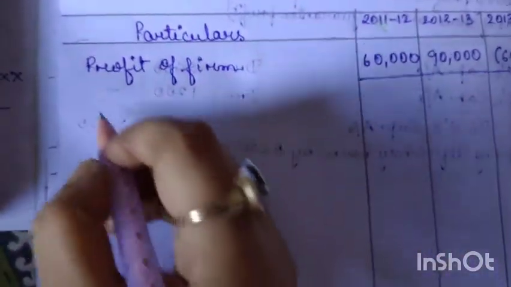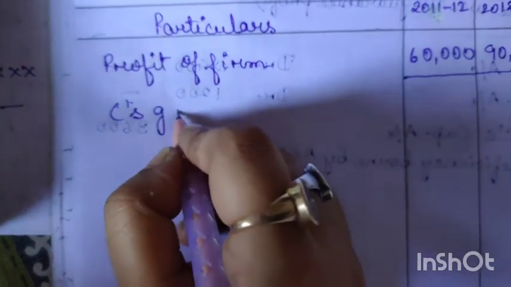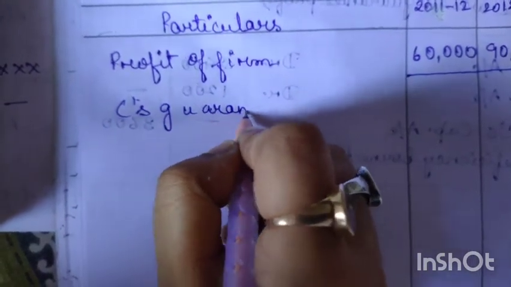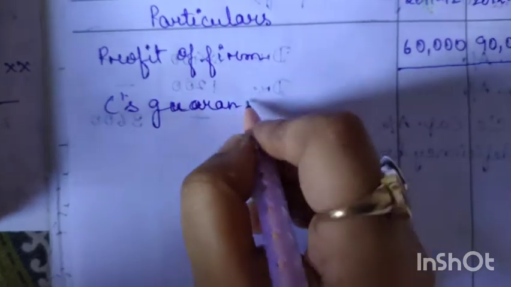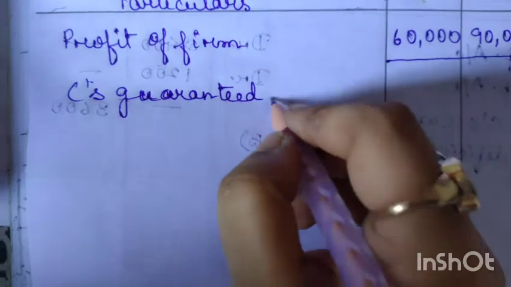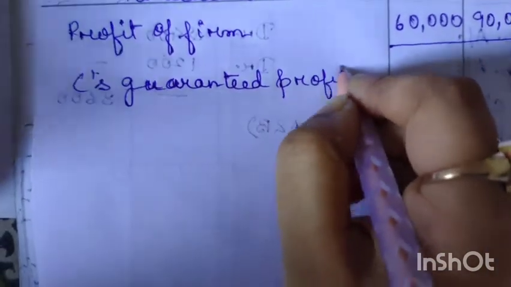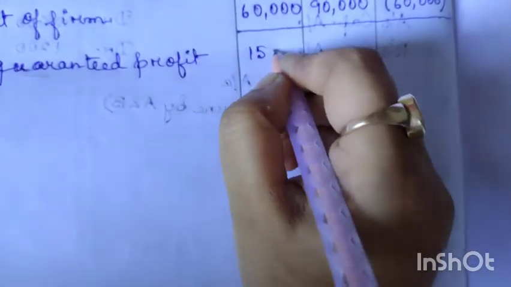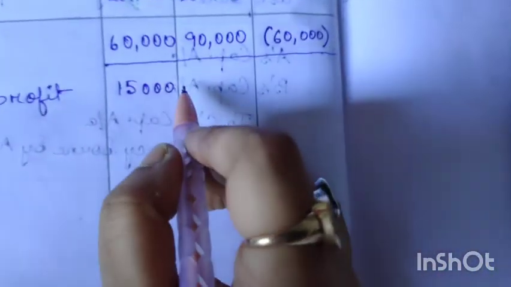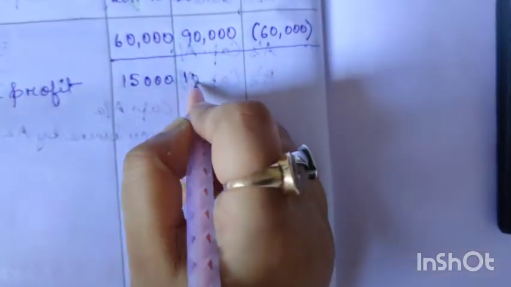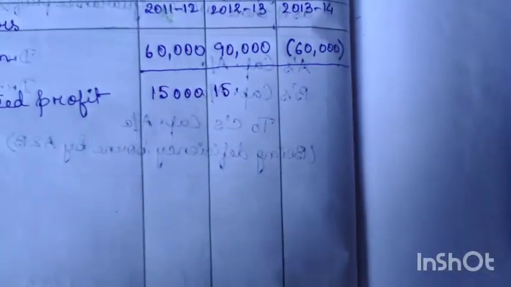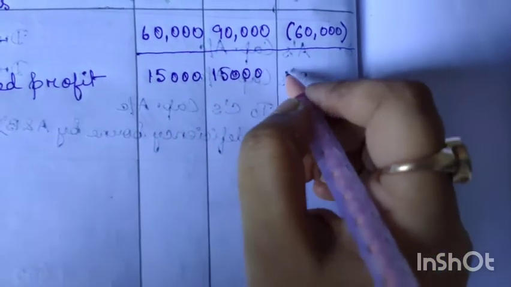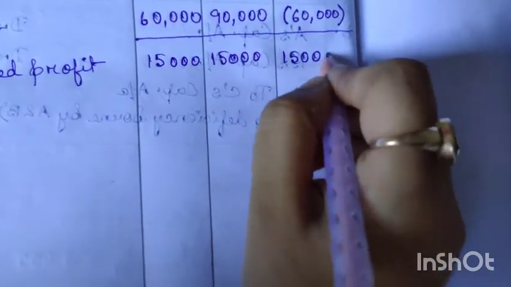So we will write here Z's guaranteed profit is 15,000 for all the 3 years. Here also 15,000, here also 15,000, and here also it will be 15,000.